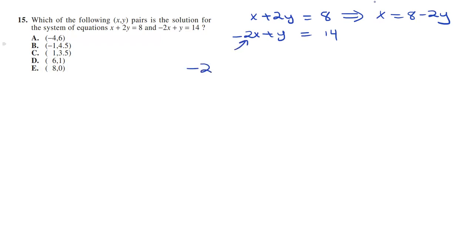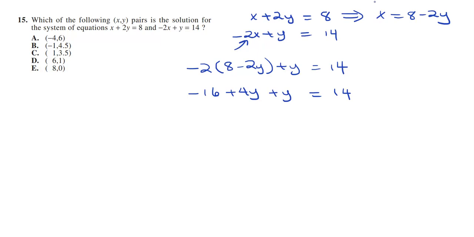So it's negative 2 times 8 minus 2y, plus y equal to 14. So let's go ahead and simplify this. Negative 16 plus 4y plus y equal to 14. So now we're going to move 16 over to the other side.